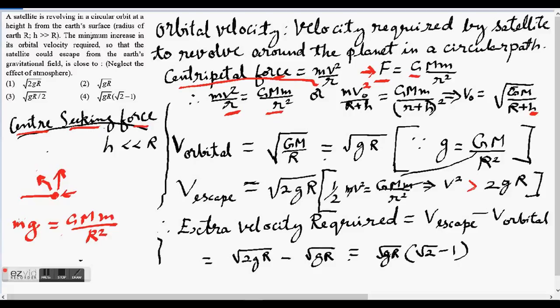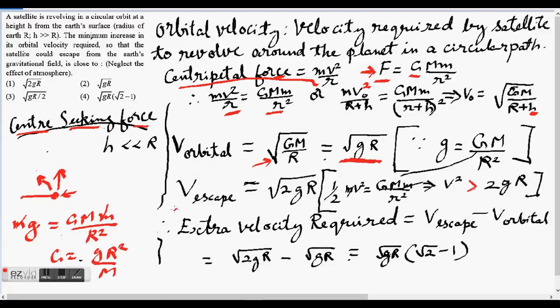So m will cancel out and capital G will be equal to g r square upon mass of Earth. So if we substitute this value in this equation, you will get square root of g times r. You can work that out.